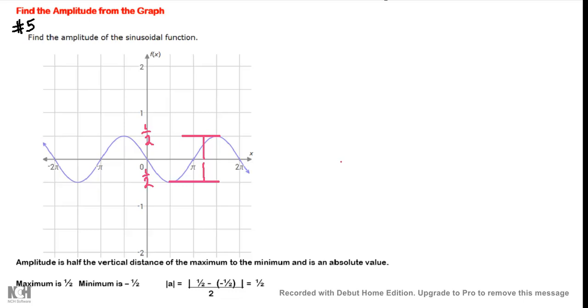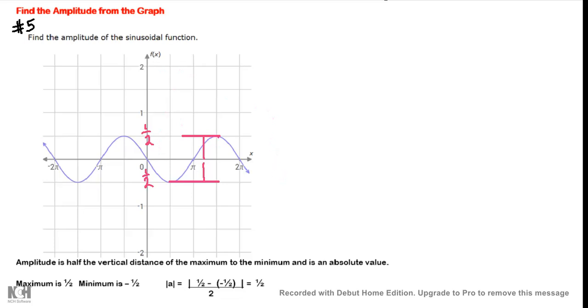Next, you're going to be asked to find the amplitude from the graph. And what you will do is find the vertical distance on the y-axis from its tallest point down to its lowest point, maximum, minimum, and then you're going to take half of that. So again, pay attention to your scale over here. Each line is a half of a unit on the y-axis there.